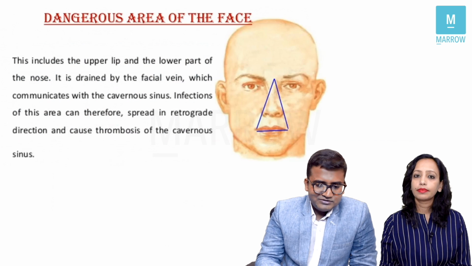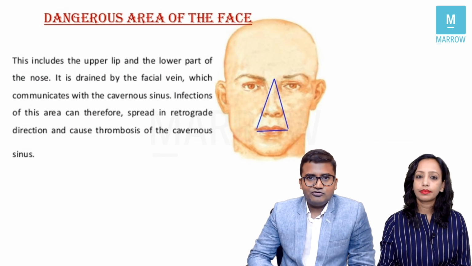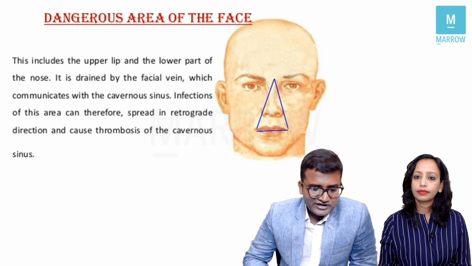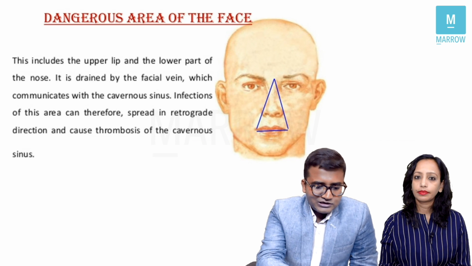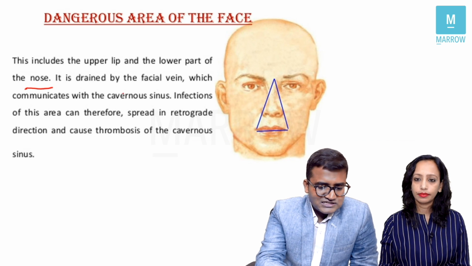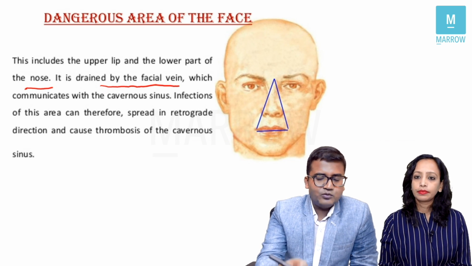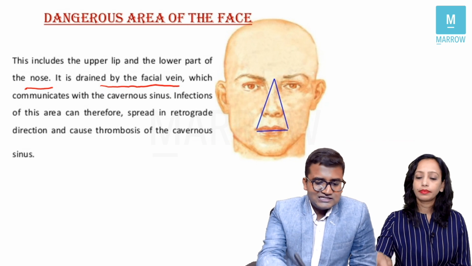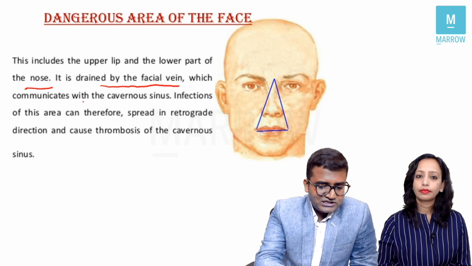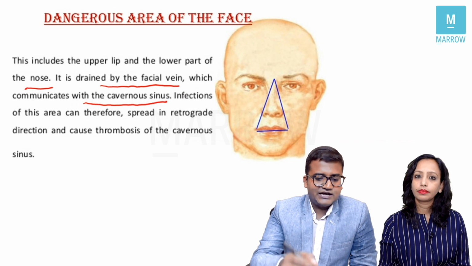Now, see this diagram. This is the danger area of the face. So the danger area of the face includes the upper lip and the lower part of the nose because it is drained by facial vein. So any infection in this area, now the infection will be going to the cavernous sinus.